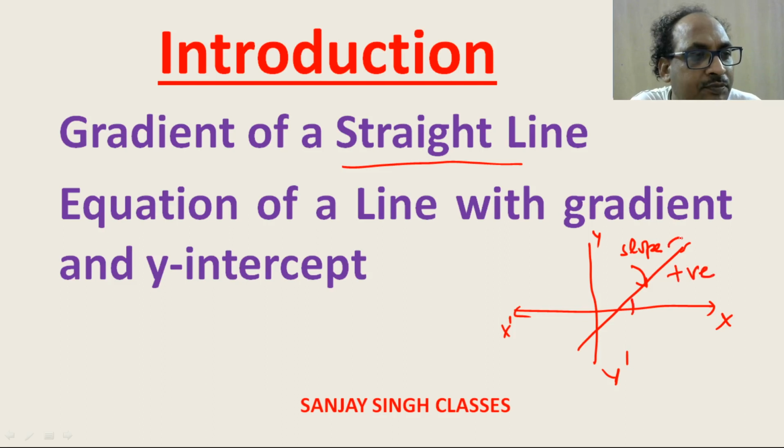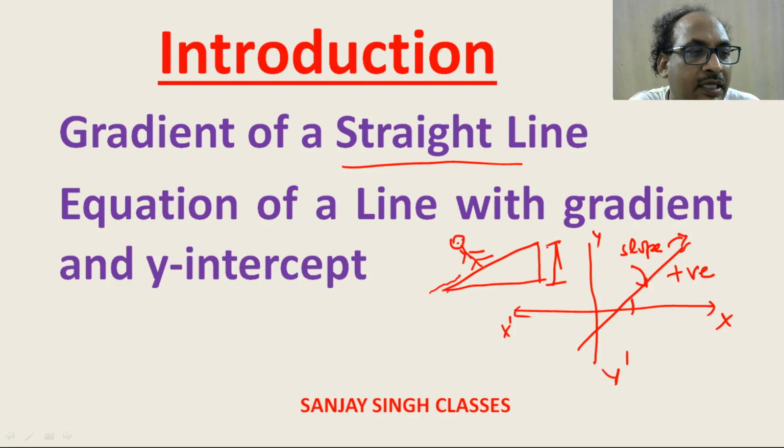Slope means what? Suppose we have a platform in this way, and we want to climb, we are climbing here. So once we are climbing, this is actually the slope, and you can say the height of the slope, the maximum height from the ground, is this one.